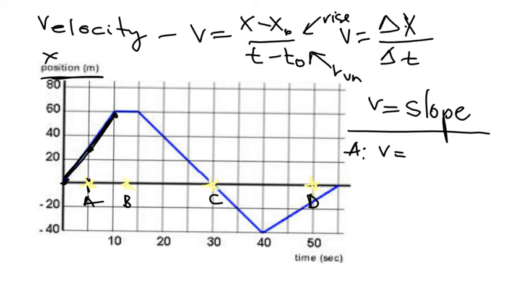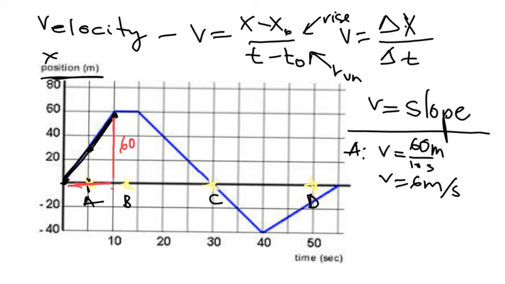Looking at this, my rise is 60, and the run right here is from 0 to 10 because we have 10 seconds. So I can go ahead and calculate that. I want to remember that I have units, so it's 60 meters, that's the rise, divided by 10 seconds, and my velocity is equal to 6 meters per second.